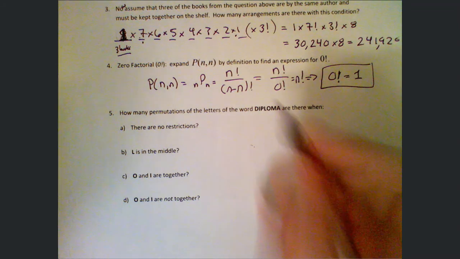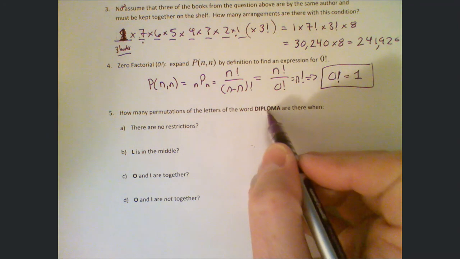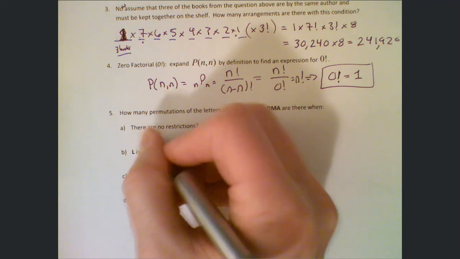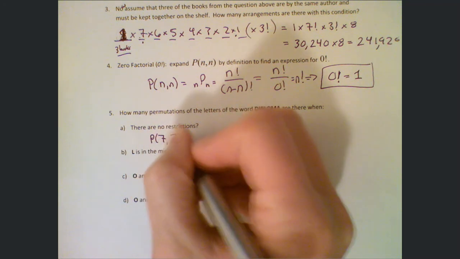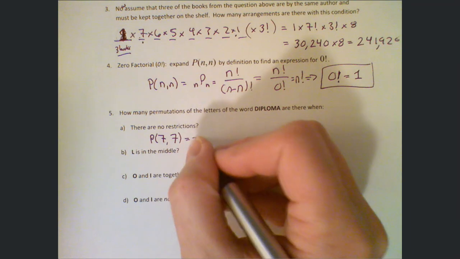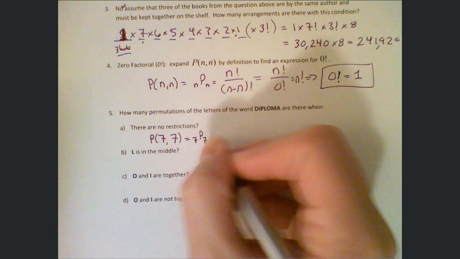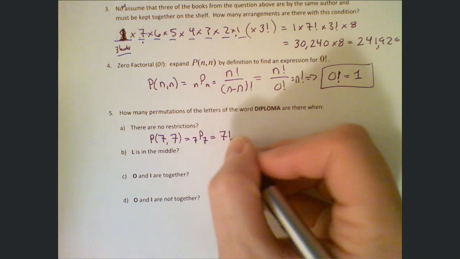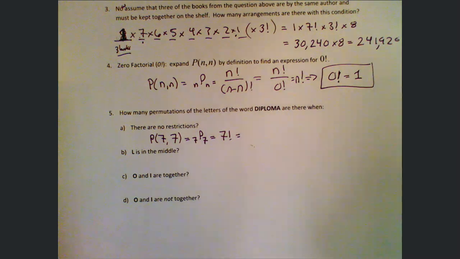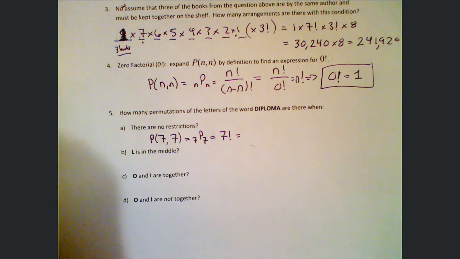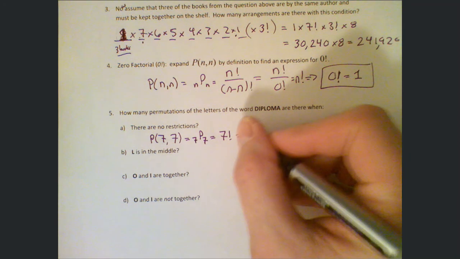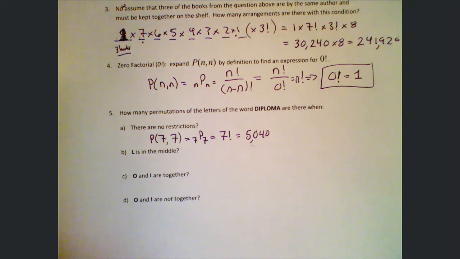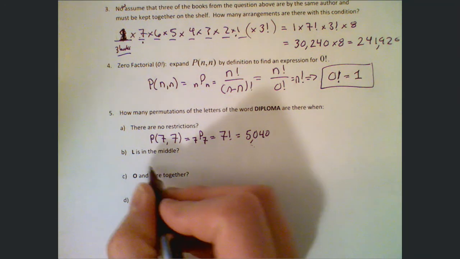So there are 1, 2, 3, 4, 5, 6, 7 letters, and we're going to take them 7 at a time, which we know is 7 factorial over 0 factorial, which is just 7 factorial. So you can put it in your calculator as 7P7 or 7 factorial, and you get 5040.